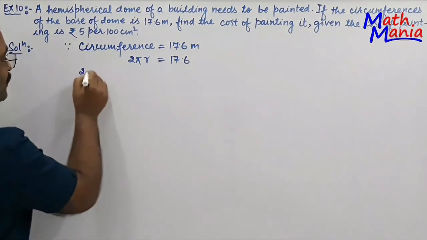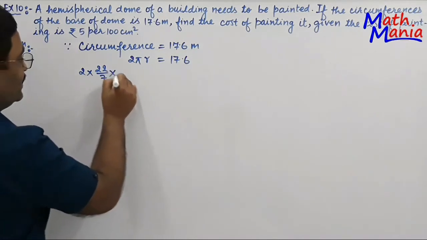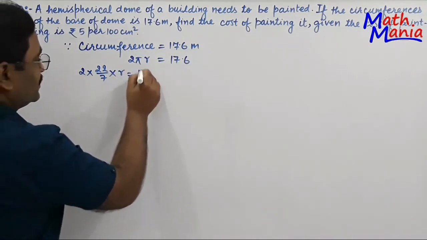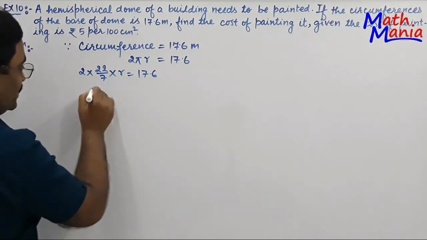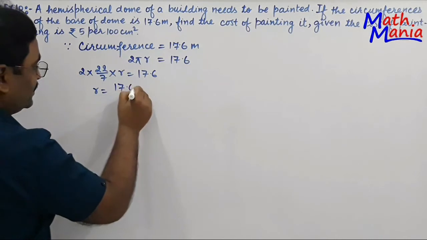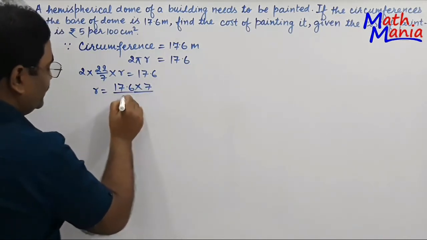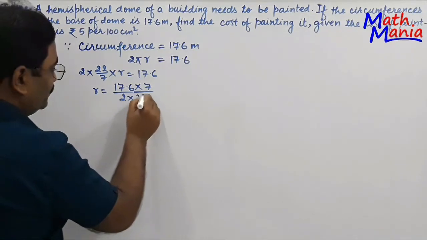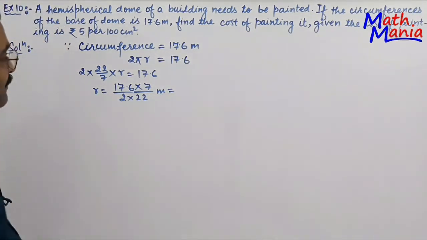So let's find the radius. Value of 2 pi is 22 upon 7. Radius: 17.6 meter. So radius r is equal to 17.6 multiplied by 7 divided by 2 into 22 meter. Let's simplify it.